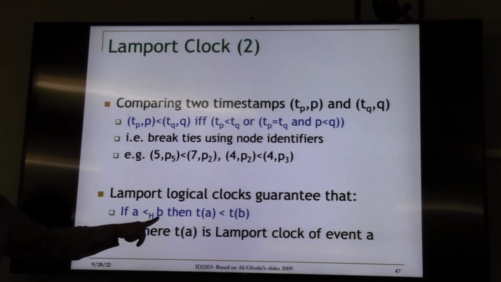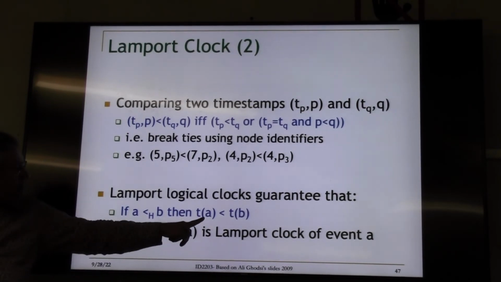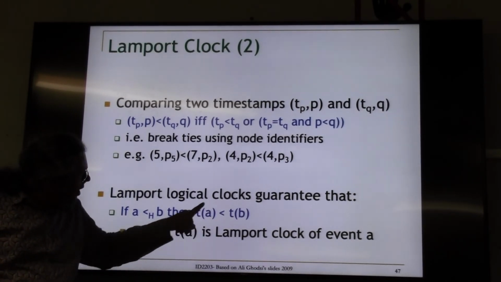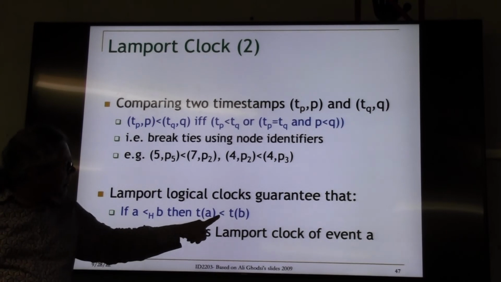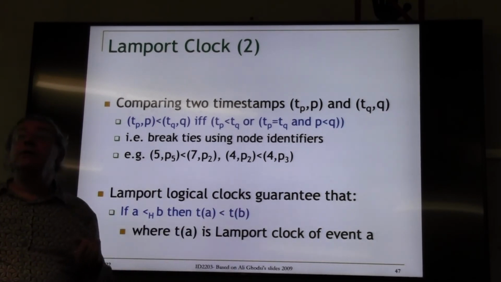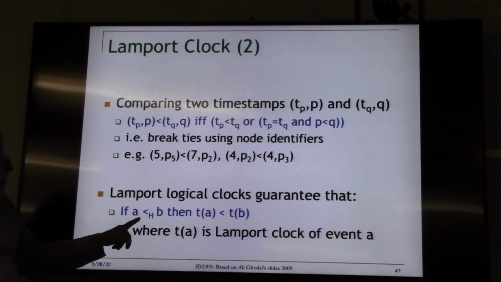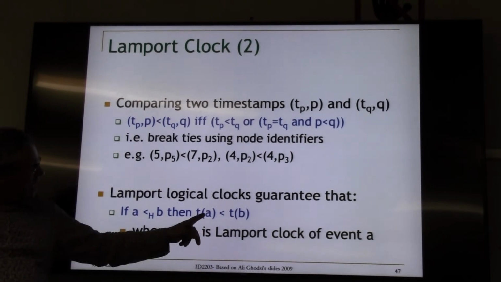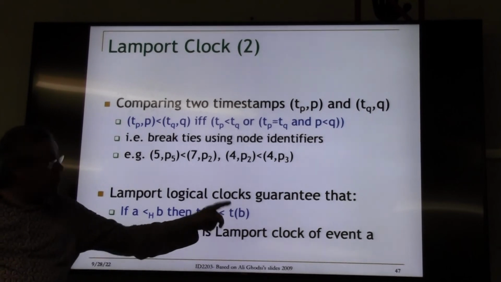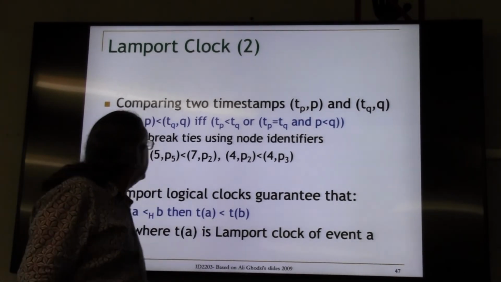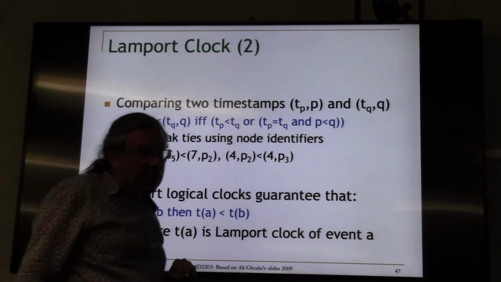If A happens before B, then the Lamport clock of A, which is a positive integer, will be less than the Lamport clock of B. So if I know that A and B are causally related, then it will tell me which one happened before. Okay, let me skip this for now, I'll talk about it later.